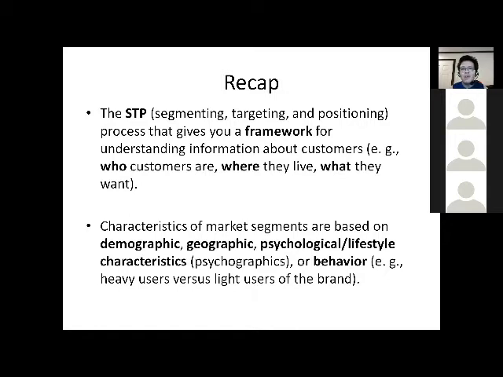Where do they live? What they want. And these are based on the characteristics of the market segments. So you can group them by demographic, geographically, by lifestyle, or by behavior. And an example for that is, are they heavy users of the product or service, or light users of the product or service or the brand?